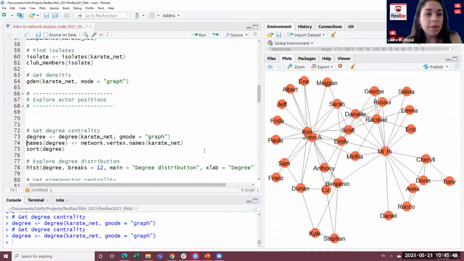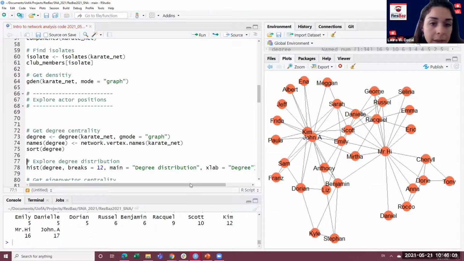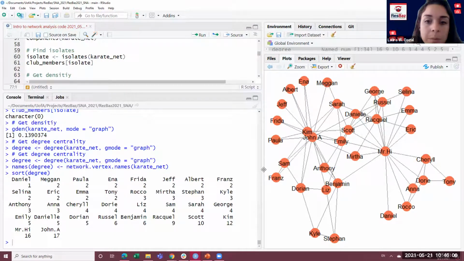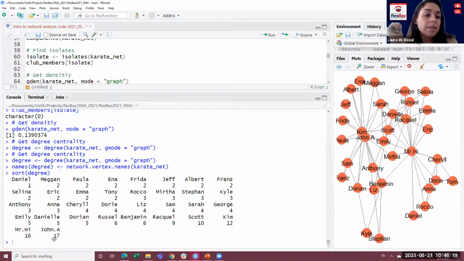Okay, so let's look at the degree. We're going to add the names to our network so that we can understand who has which degree. And now we're going to sort the degrees from lowest to highest. All right, as you see here, John A has 17 ties, and Mr. High has 16 ties. These are their degree measures, whereas Daniel only has one.